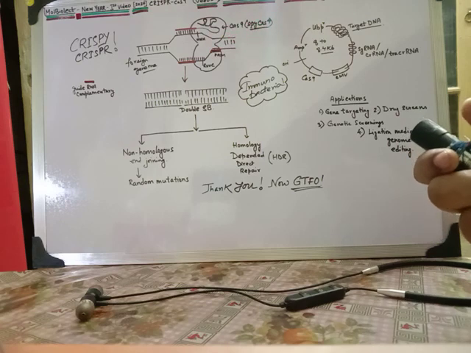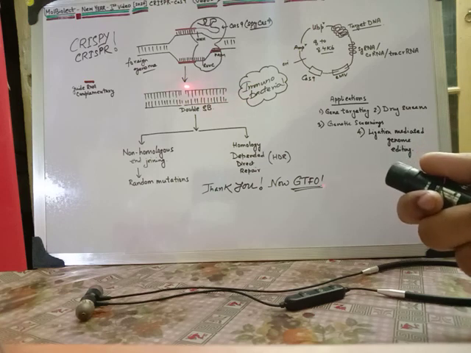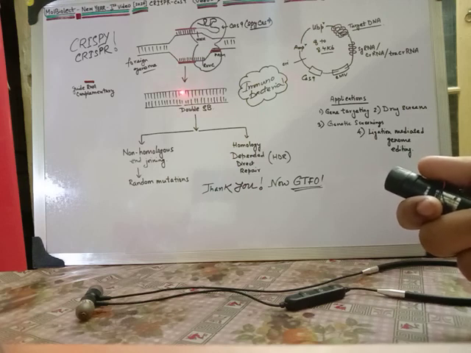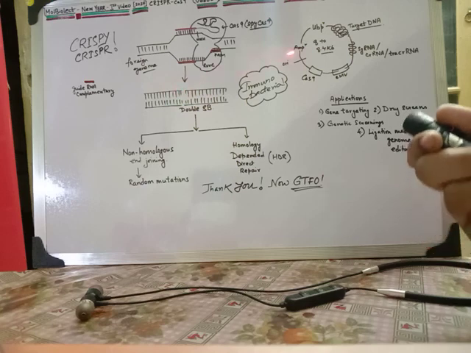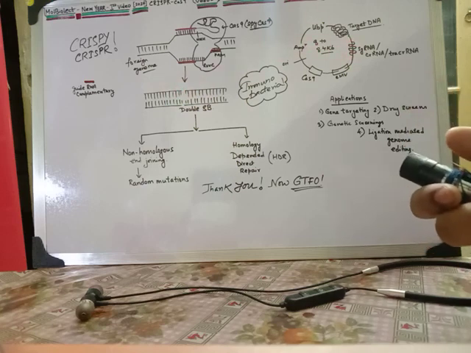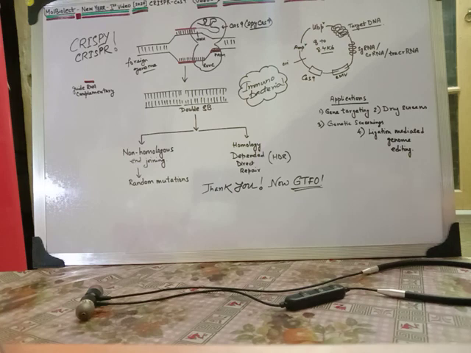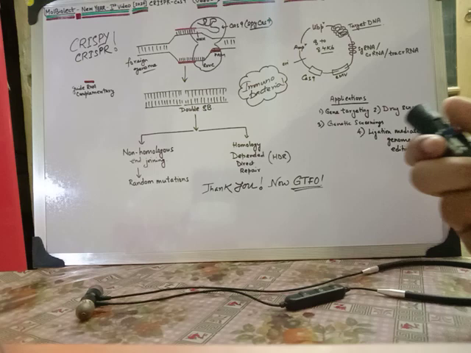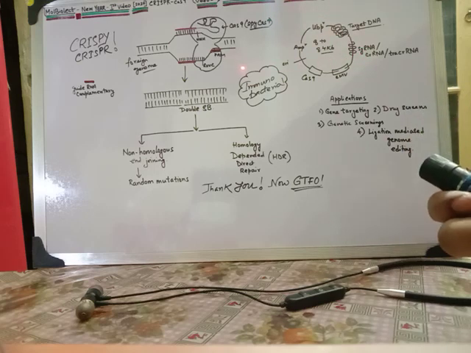Now as I am inducing these double-stranded breaks, things can happen. If you are making a synthetic sgRNA, then your sgRNA will bind to a specific part of the genome which you want to silence or edit.